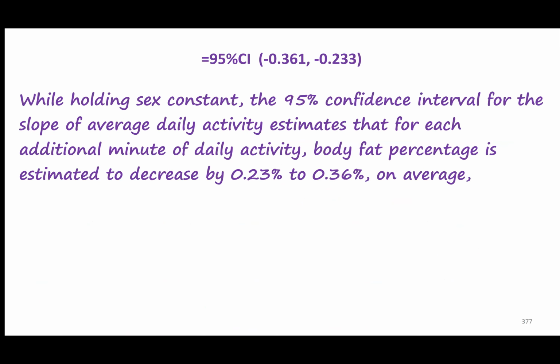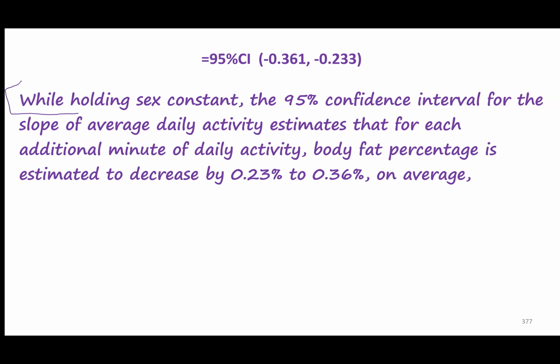Sex is the other explanatory variable, so we need to hold that constant. You don't want to mix and match, like a male individual with 60 minutes of average daily activity and a female individual with 61 minutes. You want a male and a male or a female and a female.